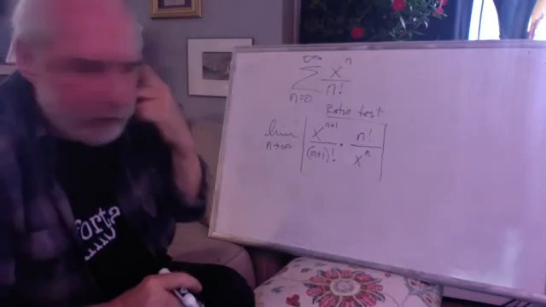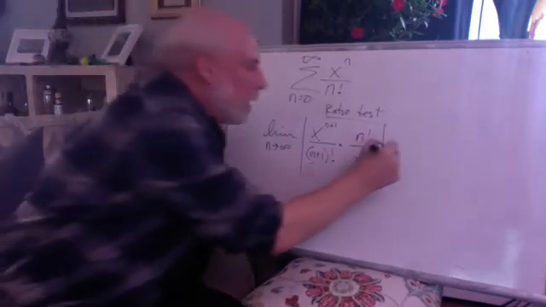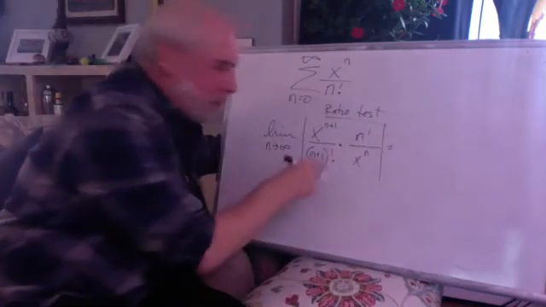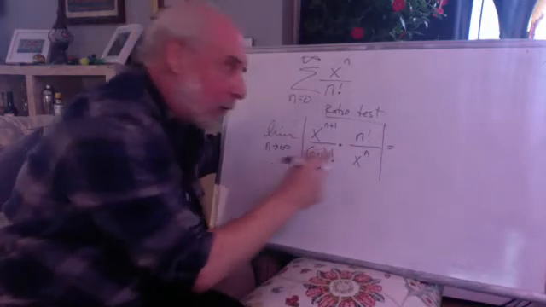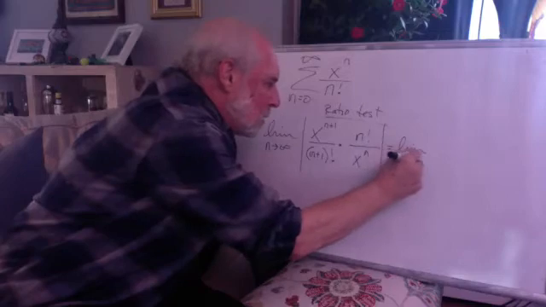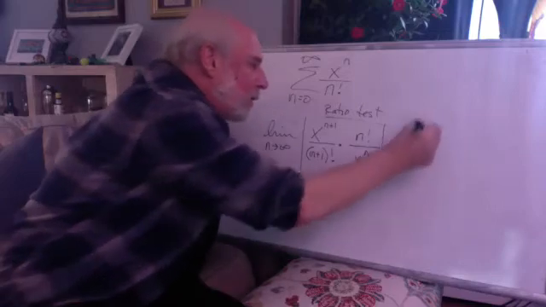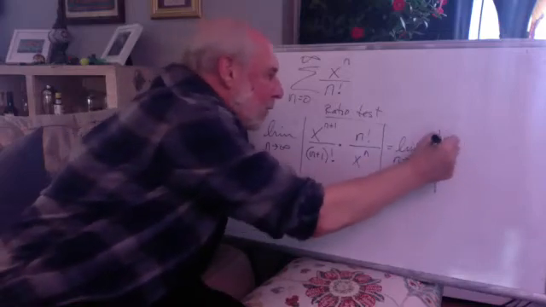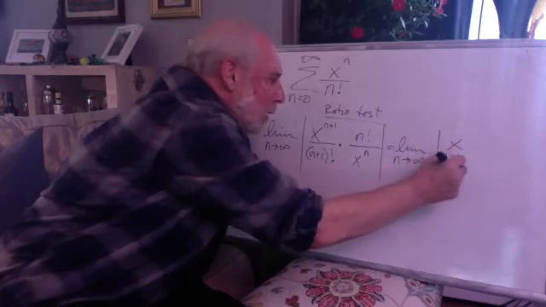So there's our ratio test. That's going to take me down to here. This looks a lot like a couple of the homework problems last time. All right, and that's going to give me x over n plus 1.